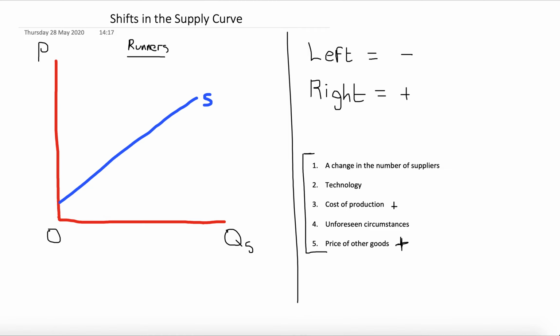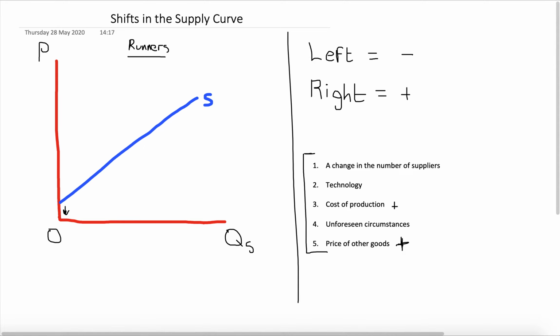So one more thing to note is that we generally don't start our supply curve down here at the origin. Generally we begin our supply curve a little bit up from the origin, so somewhere along the y-axis. And why is that the case? Well, there's fixed costs, isn't there? There's costs, maybe renting our factory, numerous other fixed costs. So we're not going to sell for less than it actually costs to produce.